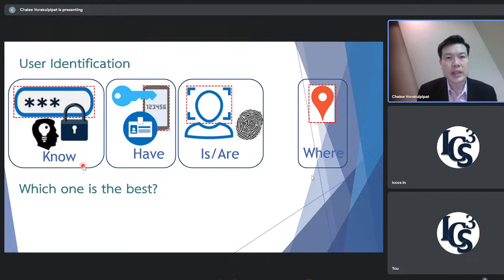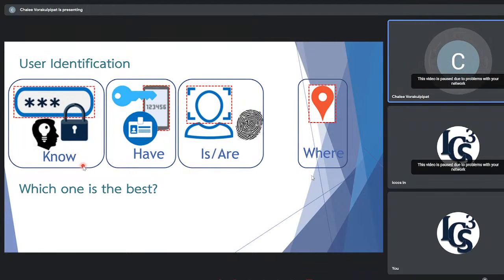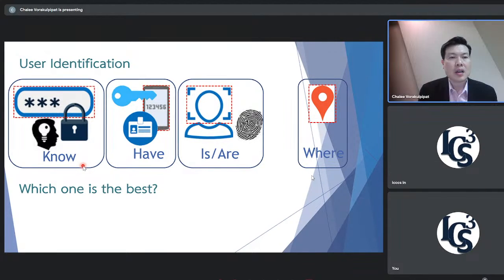Or a PIN code for an ATM or credit card, or some challenge questions like, what is your favorite color? What was your favorite subject when you were at school? Something like that. There are pros and cons. The pro is that it is very easy to implement and very easy to use, but the disadvantage is that it is also easy to be stolen, and this can attract a lot of hackers.